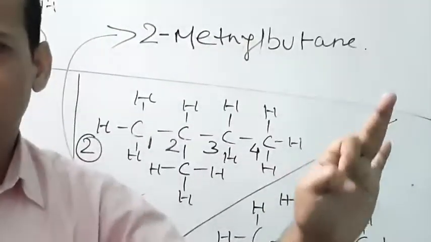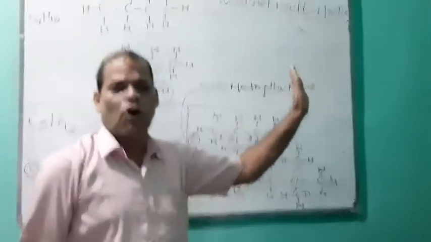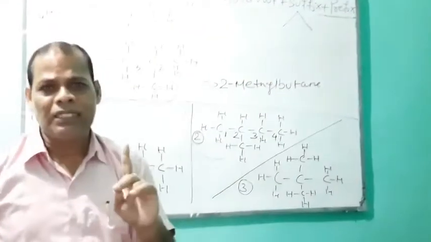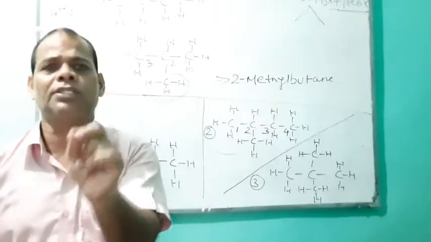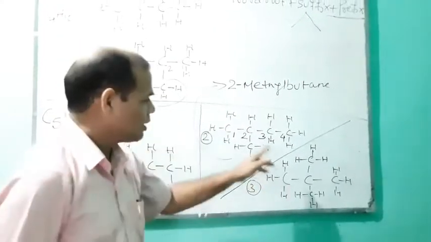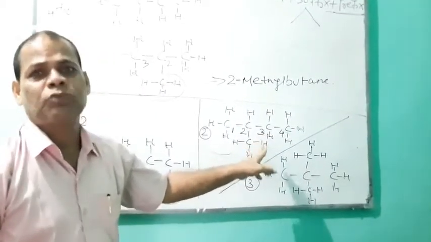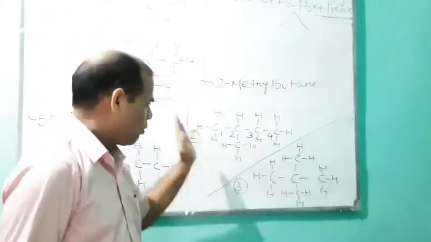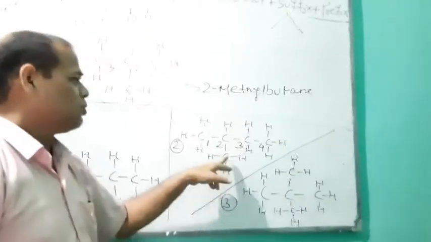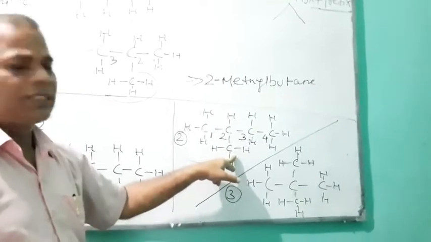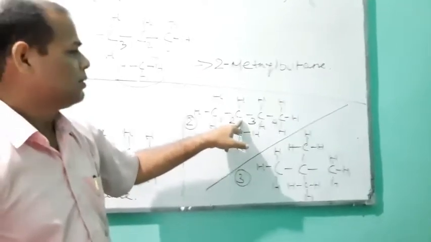As I said, first you need to make a counting. You are free to count either from left to right or right to left, but the substituent should get the lowest number. What is the substituent here? The CH3 group is the substituent. So I have counted this way so that CH3 is connected with the second carbon.